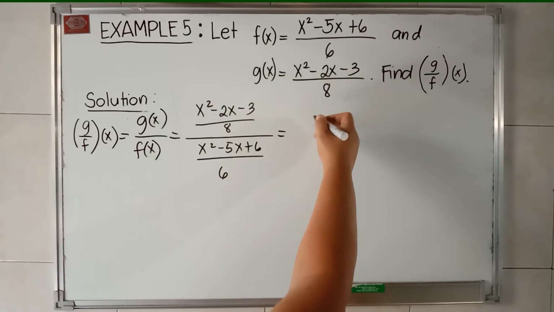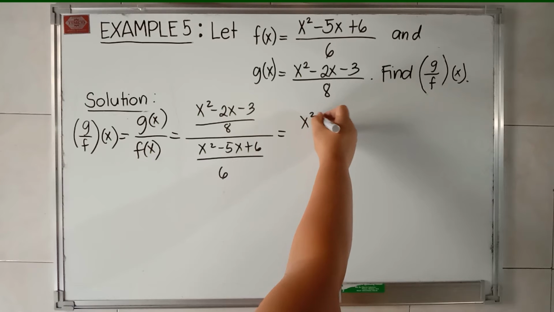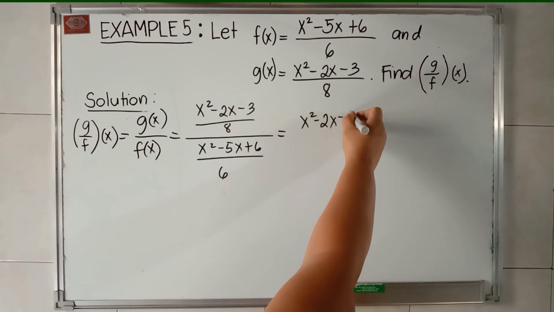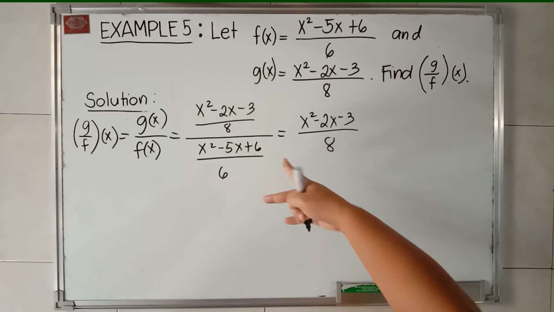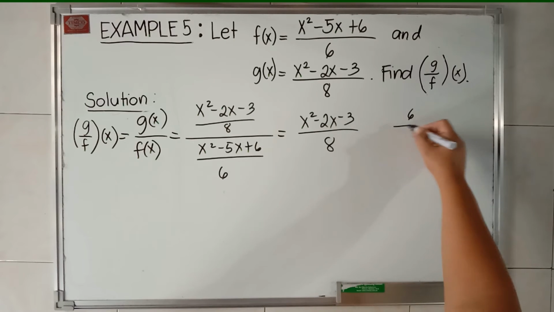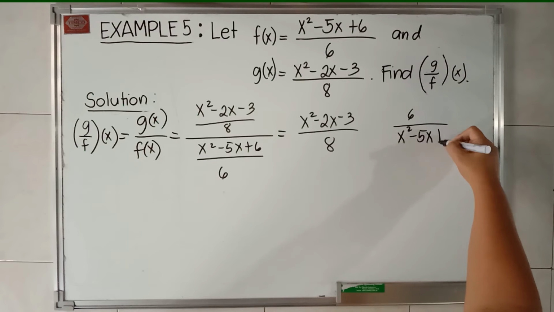So rewrite the dividend, x squared minus 2x minus 3 over 8. Get the reciprocal of the denominator, which is 6 over x squared minus 5x plus 6.